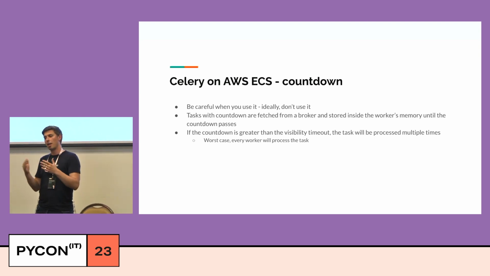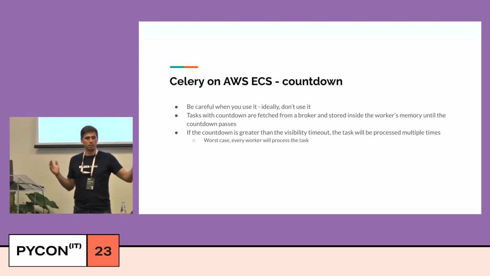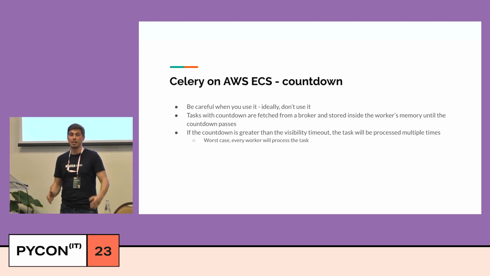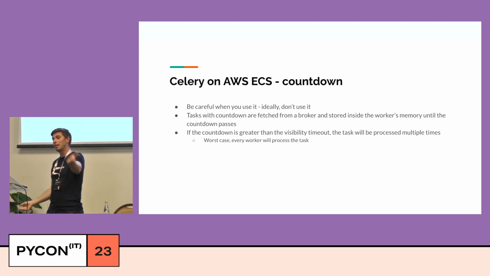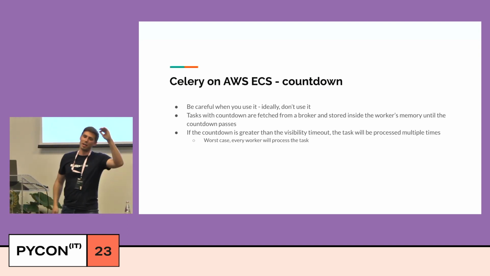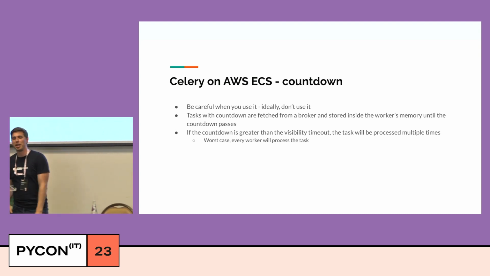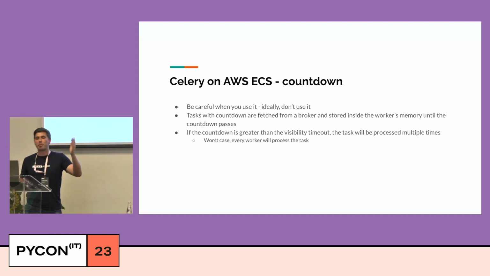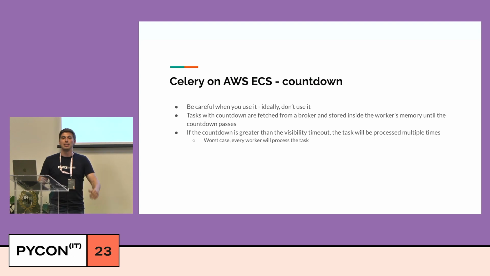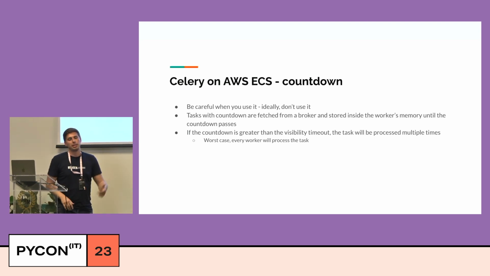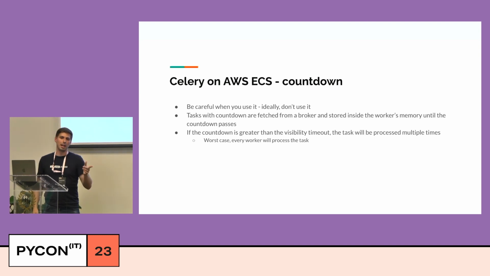So if you have a lot of such tasks, you may have thousands of messages inside worker memories. And if such a worker is interrupted, guess what? These tasks then again need to be picked up after visibility timeout by some other worker. And then you have this chain reaction where there are a lot of unprocessed messages for no good reason. So be very careful when to use it. Ideally, just don't use it.